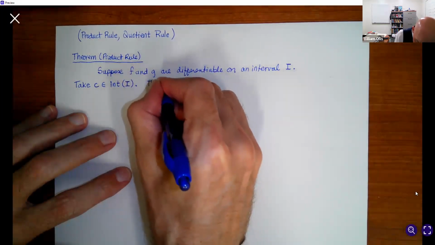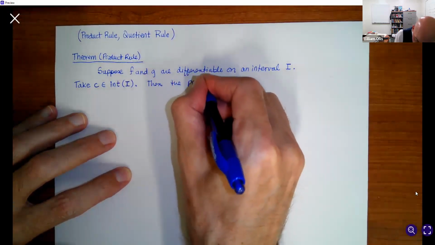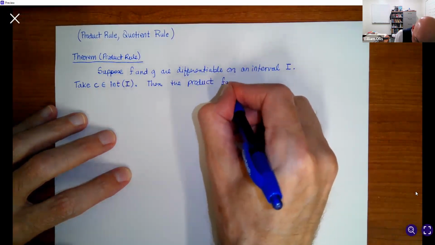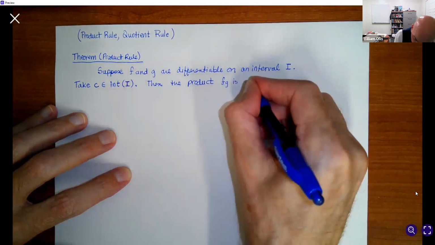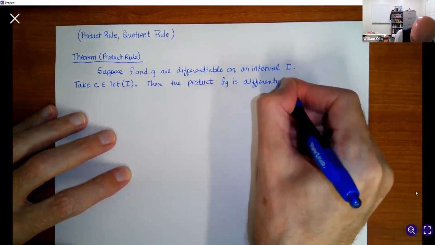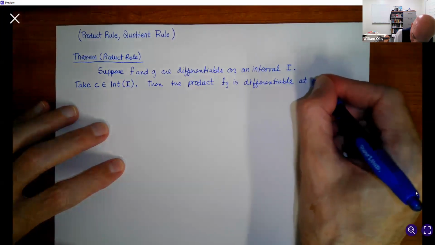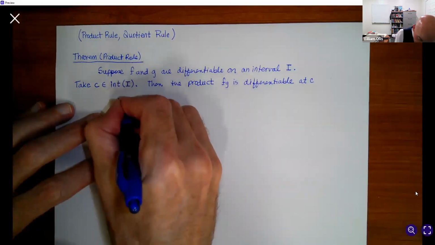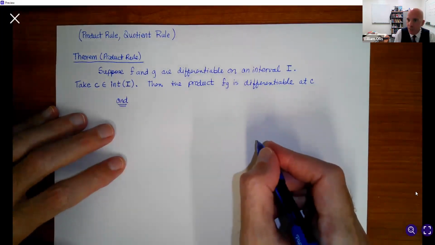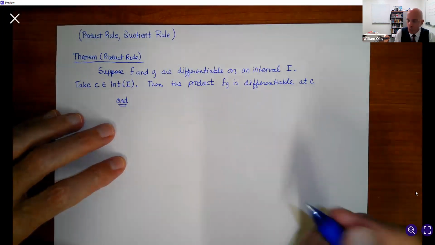Then the product, so these are all twofers, as we say, we get two for the price of one. Then the product fg is differentiable at c. And, well, it's good to know that the product of two differentiable functions is differentiable, but the second idea that we get from this is an actual formula.